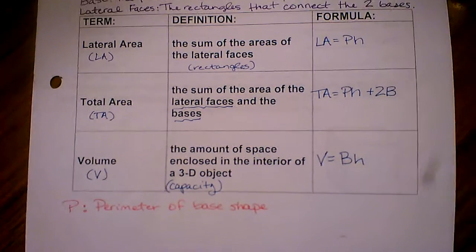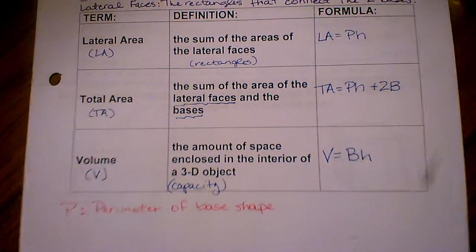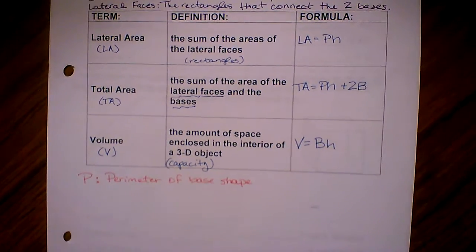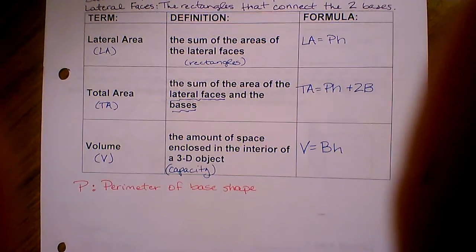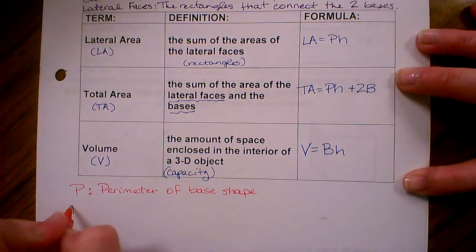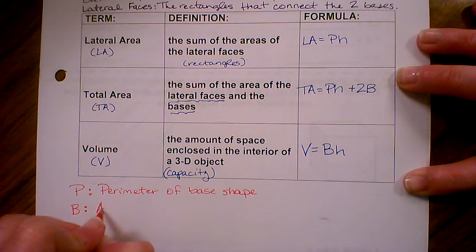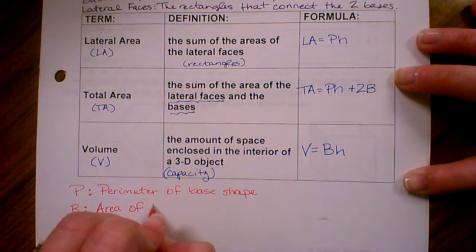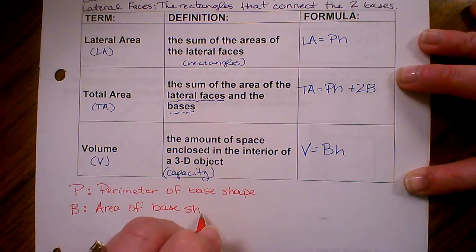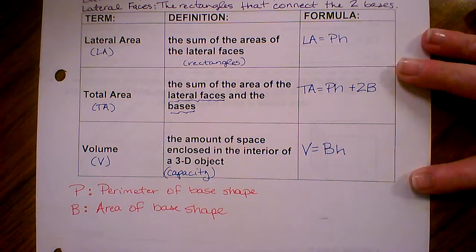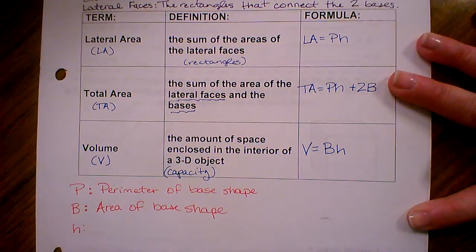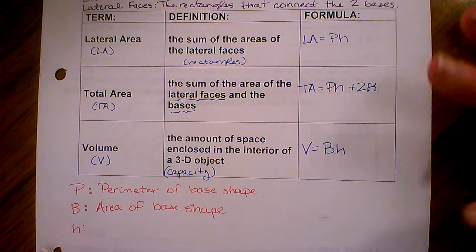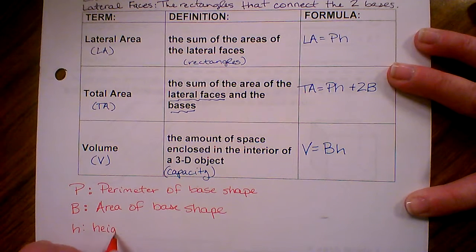Then we have big B in there. Let me zoom out a little. Big B is the area of the base shape. Again, no matter what type of shape it is, it's just the area of it. And we'll actually find that in ways we did in our last unit. And then H is the height of the prism.